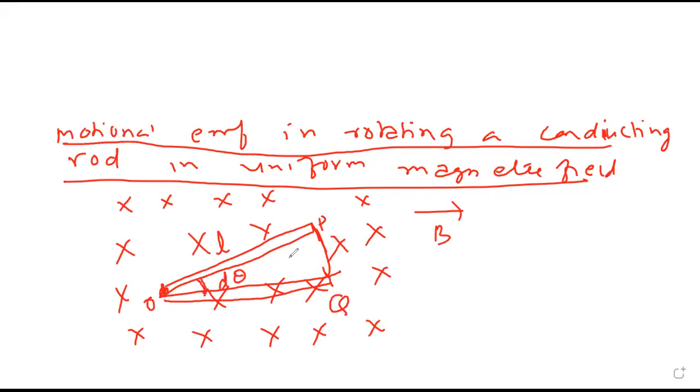So what will be this arc length? Can I say L d theta? Radius into angle is called arc length, L d theta. Okay, just copy this much.